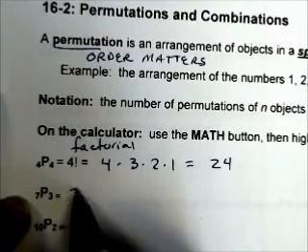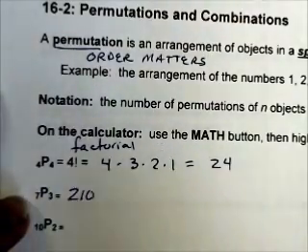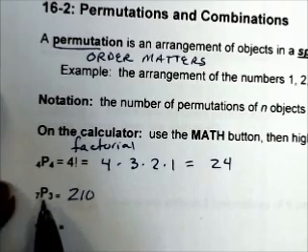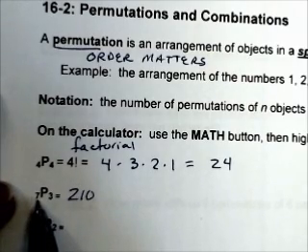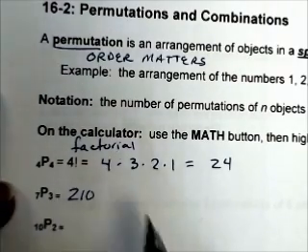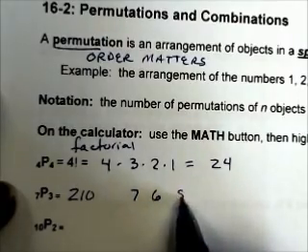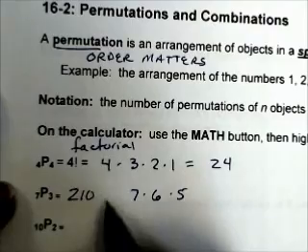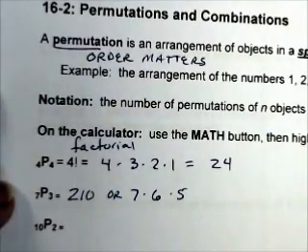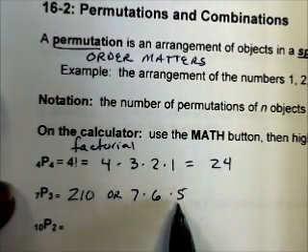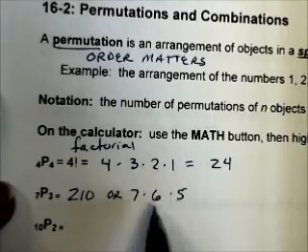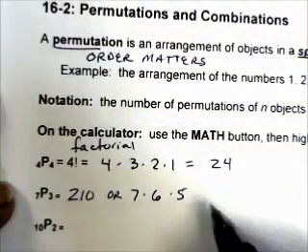By hand, you start with the number 7, and you want 3 positions to follow. So I'm going to do 7, and then 6 and 5, and you multiply them. 7 times 6 times 5, well, 6 times 5 is 30, times 7 is 210.